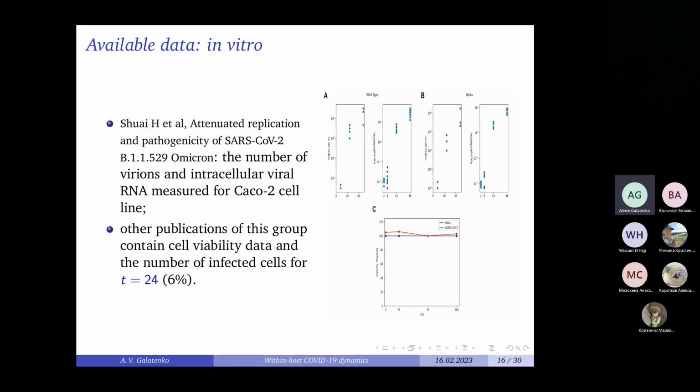In private communication with the authors of these papers, we found out that the published 6% value holds just for the wild type, but this is a typical number for other strains as well.